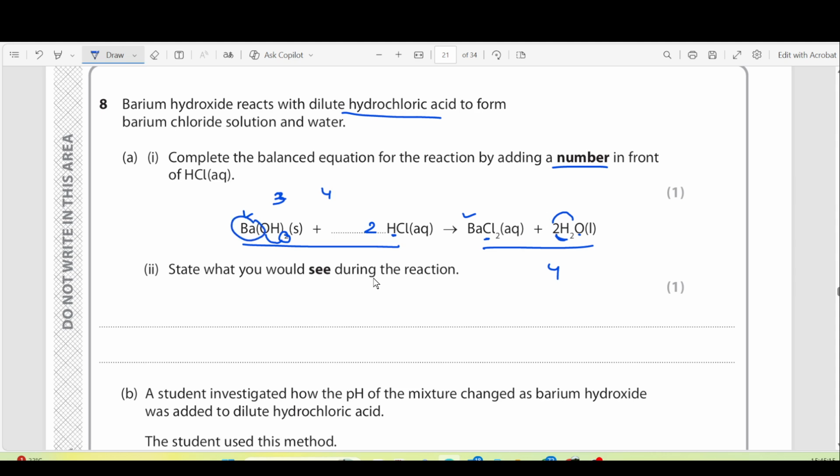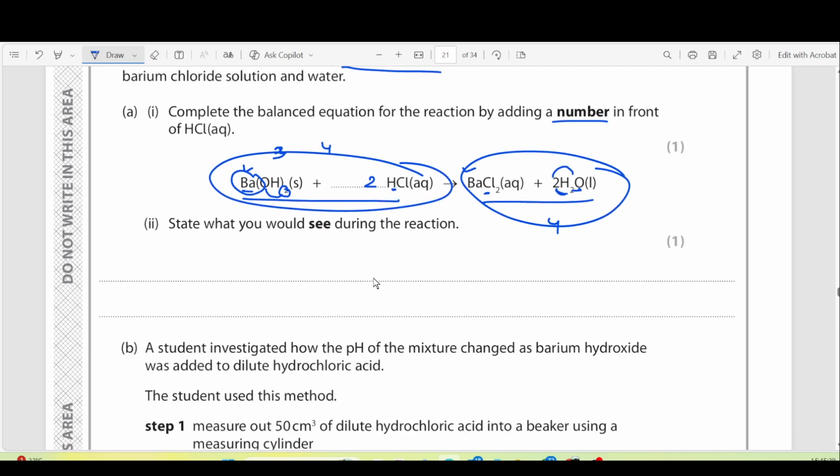We can check both sides: barium, hydrogen, oxygen, chlorine, everything is the same. Balanced means the number of atoms for each element should be equal on both sides. The reactant side is on the left of this arrow, and the right side of the arrow are the products, so they should be the same. Like here barium is 1 and 1. So if we put 2 here, both sides have the same number of hydrogen and chlorine, so it is balanced.